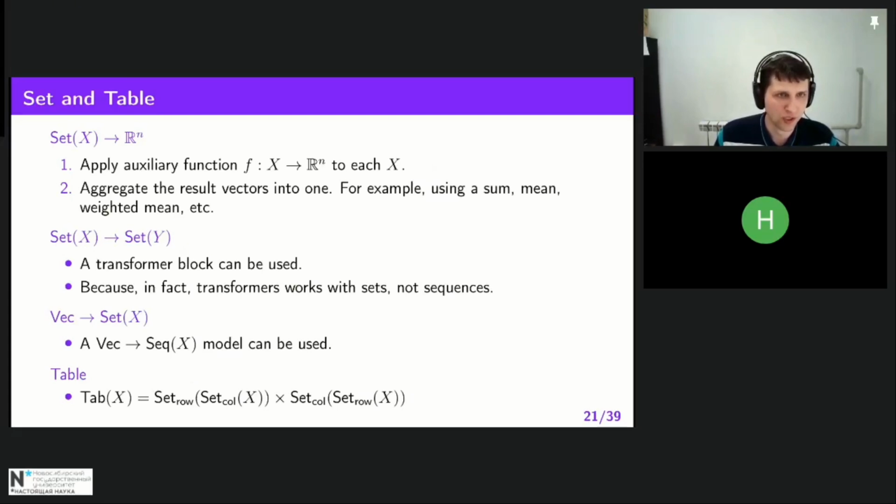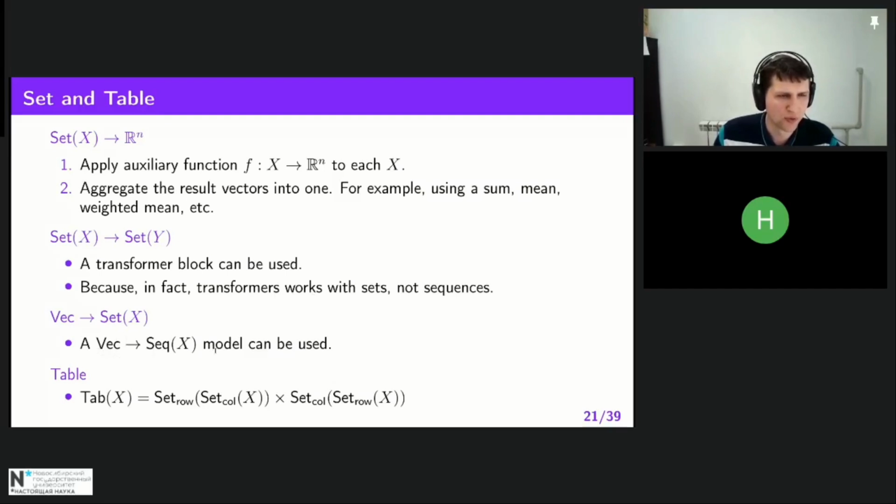For the complex types, there are actually some architectures that already exist. For example, Deep Sets for a set architecture, but also an important note is that a transformer block, or transformers, actually works with sets, not sequences. So we can use any transformer architecture for it.